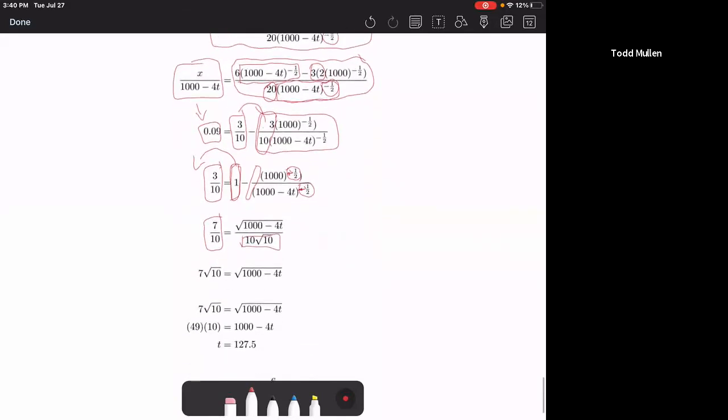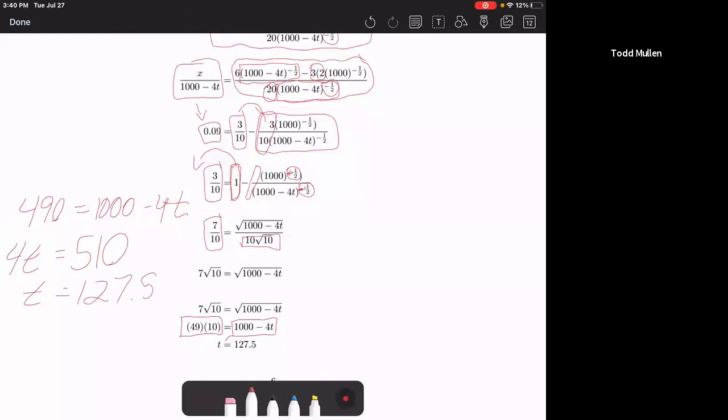We will square both sides of the equation to get 49 times 10 is equal to 1,000 minus 4t. That gives us 490 is equal to 1,000 minus 4t. So 4t is equal to 510. So t is equal to 127.5.